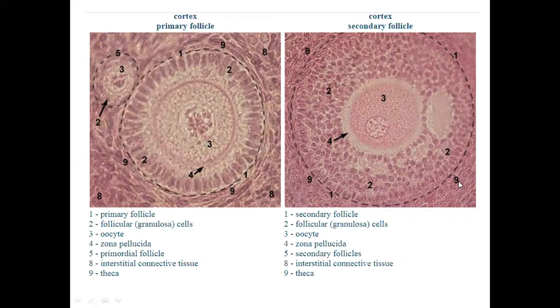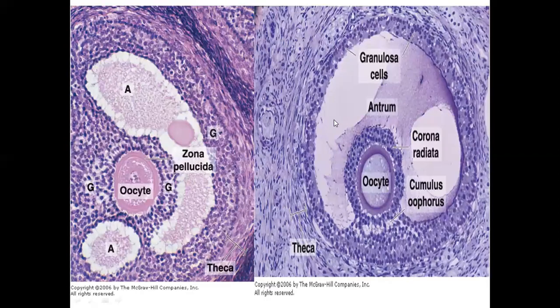On the right side, just look that 1 or 2 cavities start appearing in the multilayered granulosa cells. So due to the appearance of small cavities, we are not going to term it a multilayered or multilaminar primary follicle, but we are going to name it a secondary follicle. And all these follicles are present in the cortex region of the ovary.